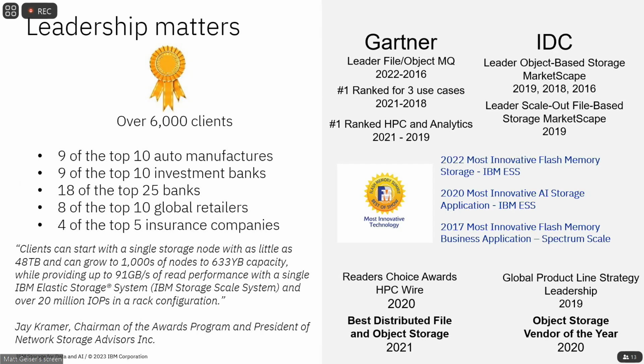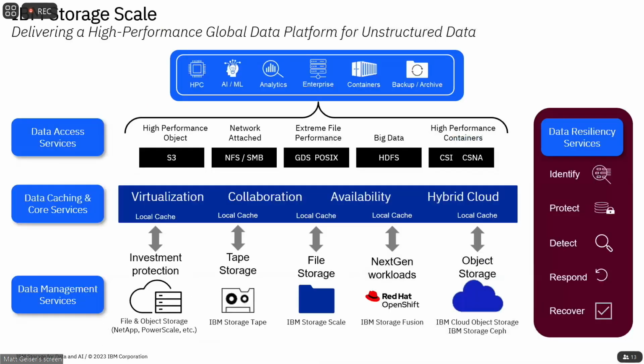It was said earlier, these use cases are really what drove the concept of this global data platform for unstructured data. These are the problems that our customers are solving with this solution. And the analysts also, over on the right, Gartner, IDC, for many years now, have recognized IBM as a leader in the file and object storage space.